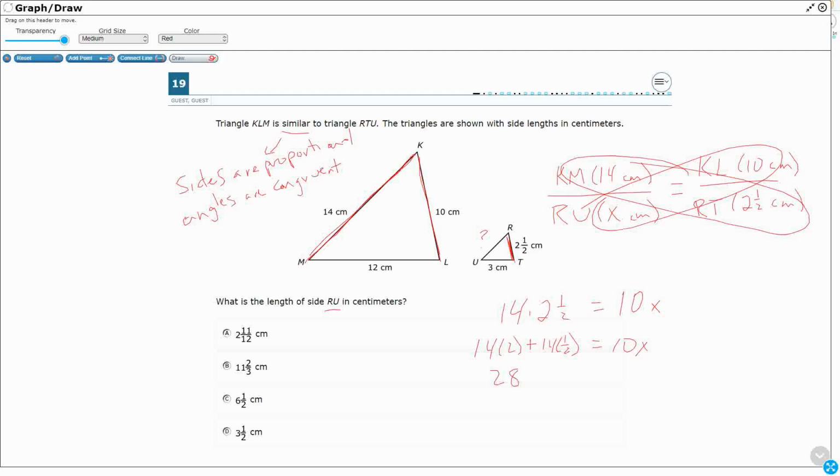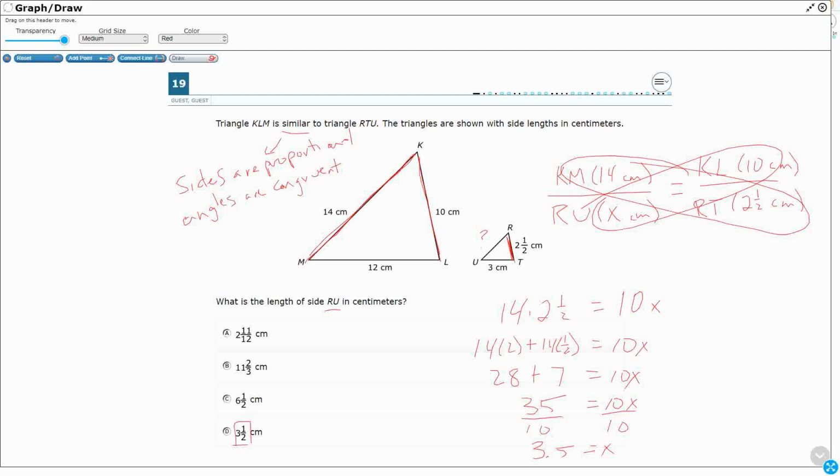So that's going to be 28 plus half of 14 is 7. So that's going to be 35 equals 10x. Divide both of those by 10, I get 3.5 equals x, which looks like that 3.5 right there.